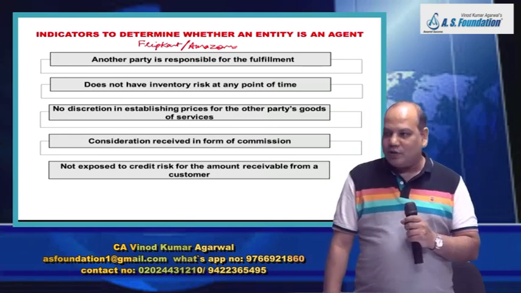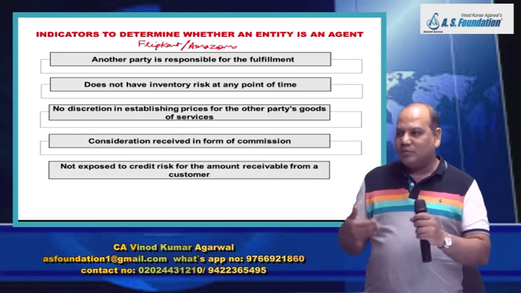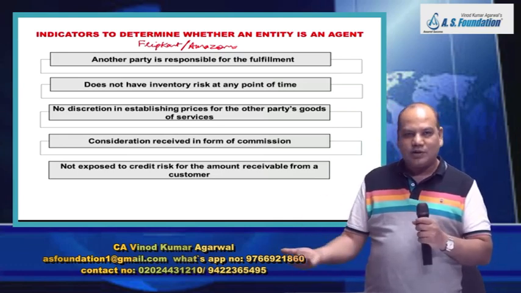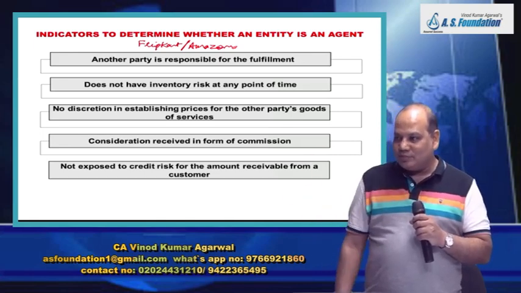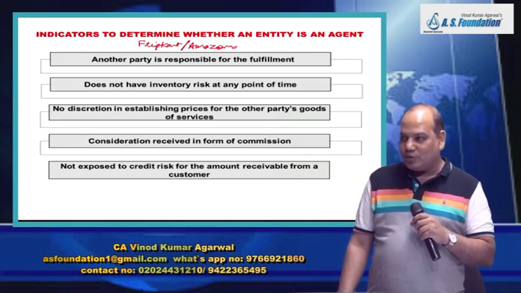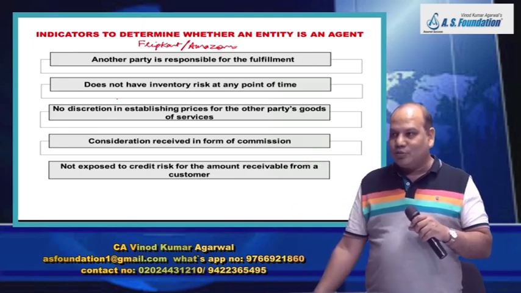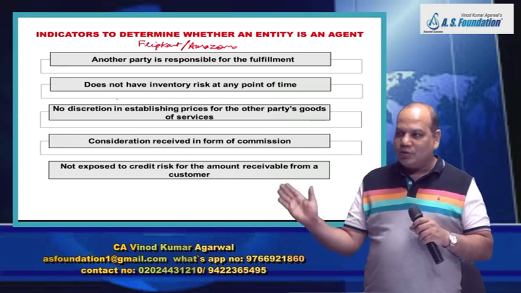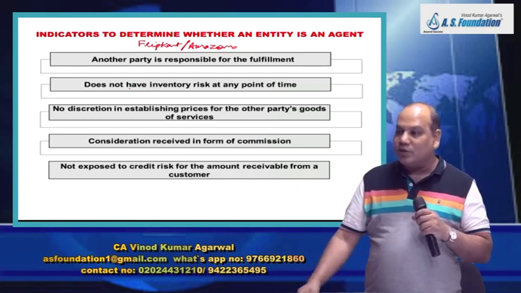Mostly they will be agent only, because they only help you to identify a hotel and they bring the customer and the seller together. They are not responsible for the hotel rooms. They will not give you a hotel room. They will just give you the license or the right to go there, show this voucher and take entry into the hotel.